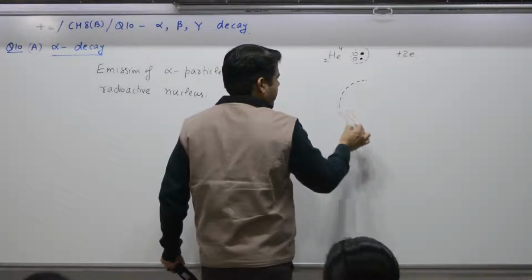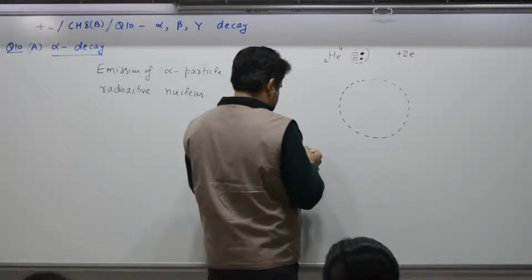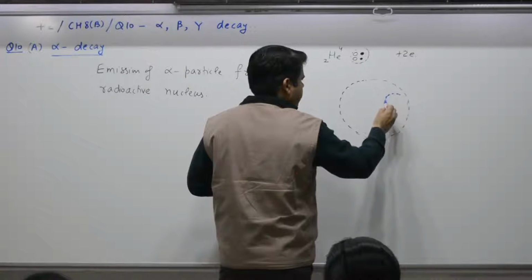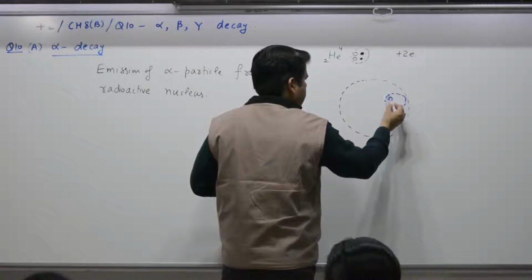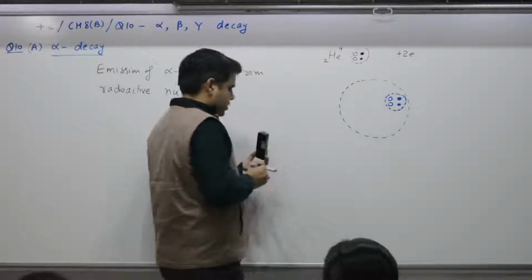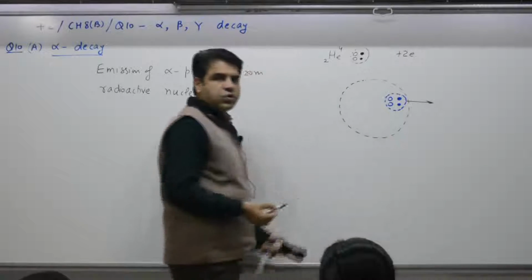So there is a big nucleus. Within this nucleus, you have an alpha particle, two protons, two neutrons. This alpha particle is emitted from the nucleus.